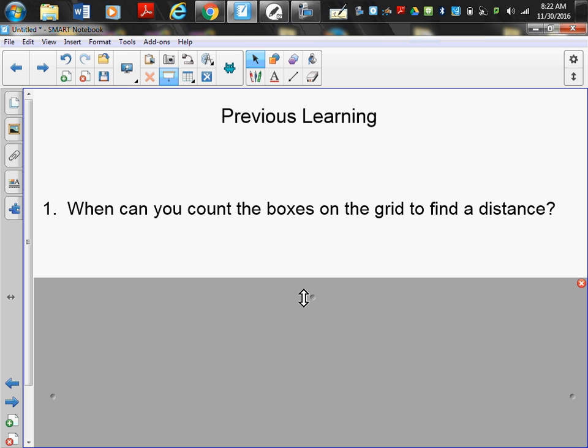When can you count the boxes on a grid to find a distance? Don't yell out. I want you thinking. When can you count the boxes on the grid to find the distance?